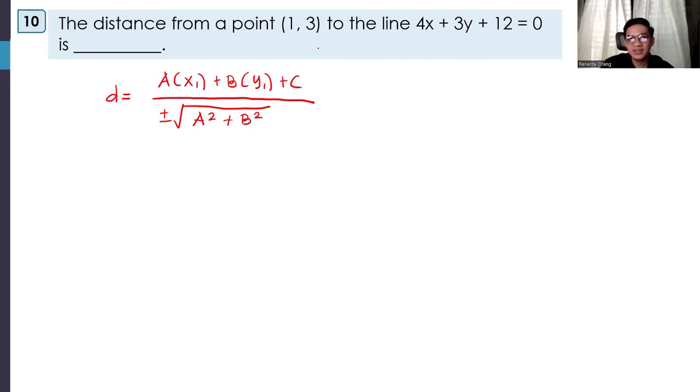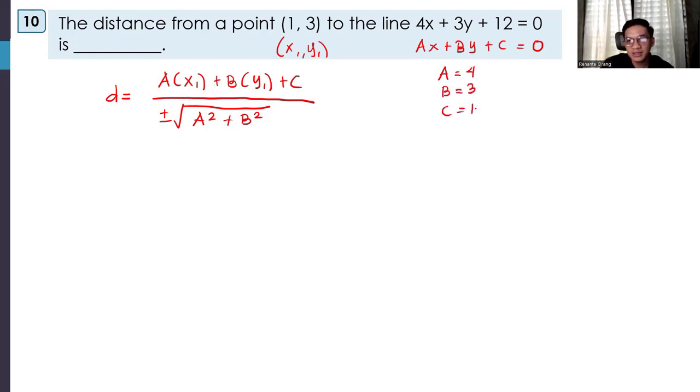So, let's set, class, this as our x sub 1 and this as our y sub 1. On the other side, we have Ax plus By plus C is equivalent to 0. By inspection, our A is 4, our B is 3, and our C is 12.